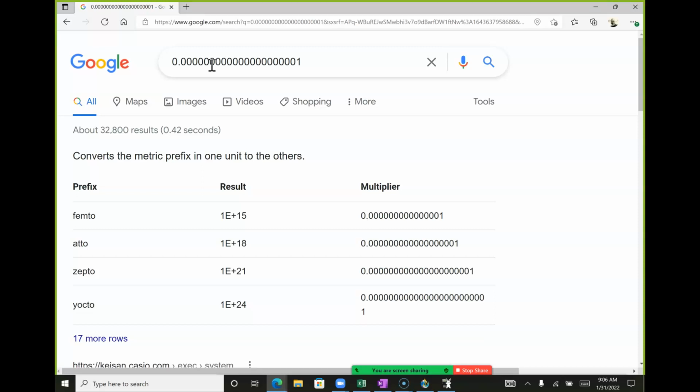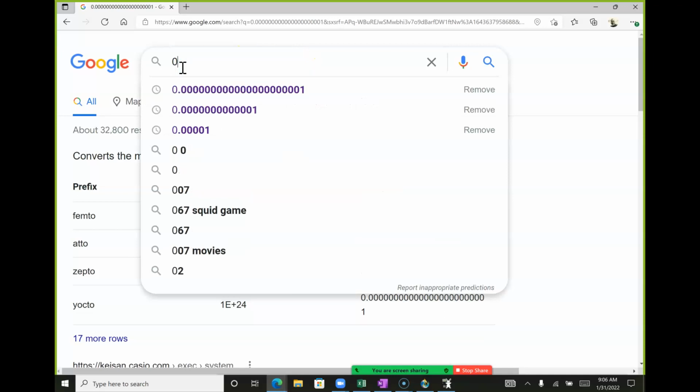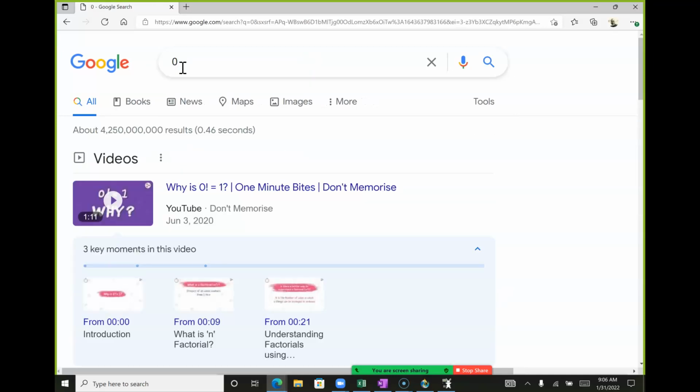So it's pretty clear that as I'm doing this Google search, I'm going to get closer and closer to zero results. But what's funny is if I search for zero, 4 billion. So there's that single point that jumps, even though the results are going to zero.